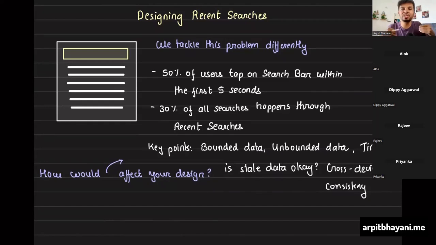They won't tell you that you need to build recent searches, or what exact features you need. They give you these numbers and say, design a system. Because they don't care how you do it. At the CXO level, they want a problem to be solved. They would never spoon-feed you exactly what you need to build. These are the requirements. You have to figure it out.